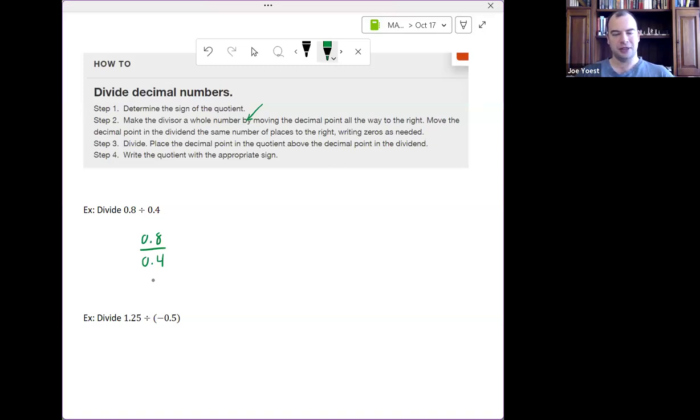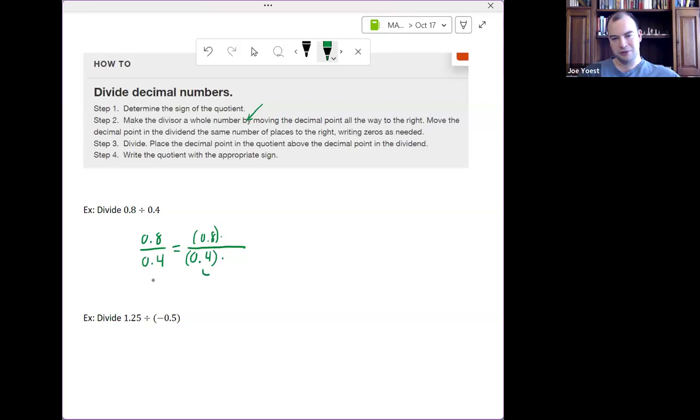If I want to construct an equivalent fraction whose denominator is a whole number, well, I have 0.4, not a whole number, in the denominator. I want to multiply by some power of 10, by a 10 or 100 or 1,000, to turn this 0.4 into a whole number.